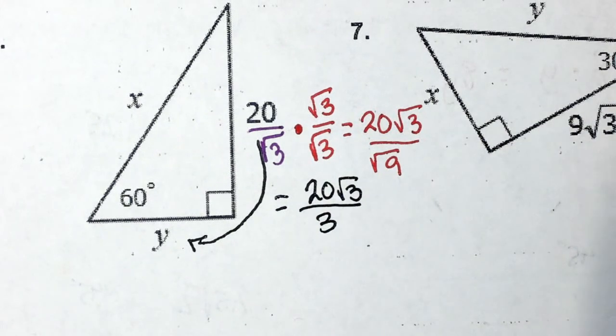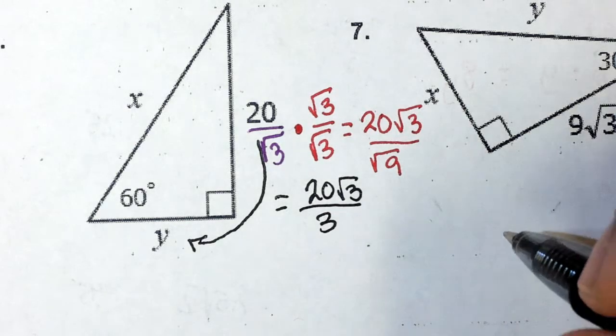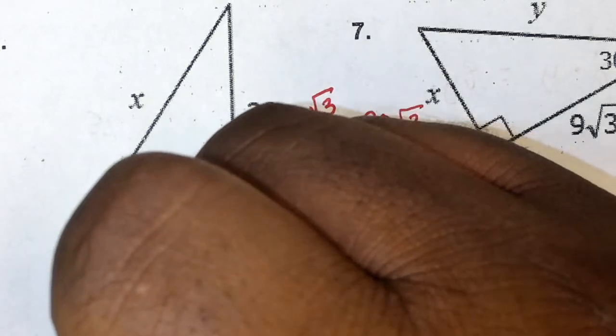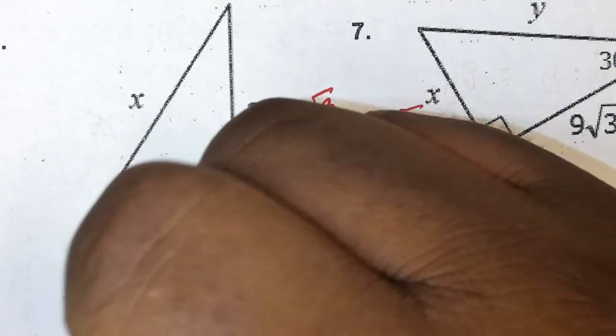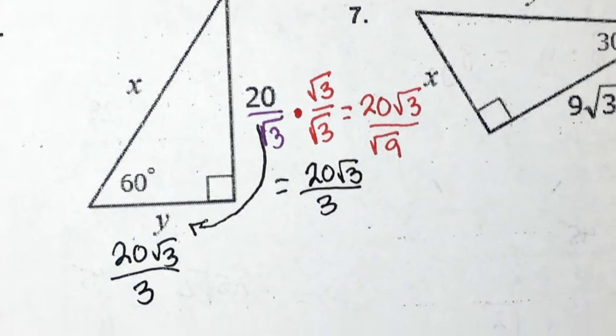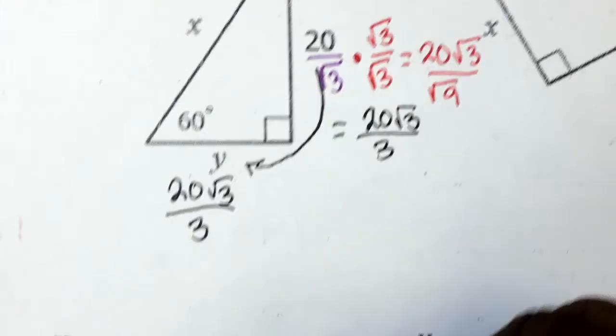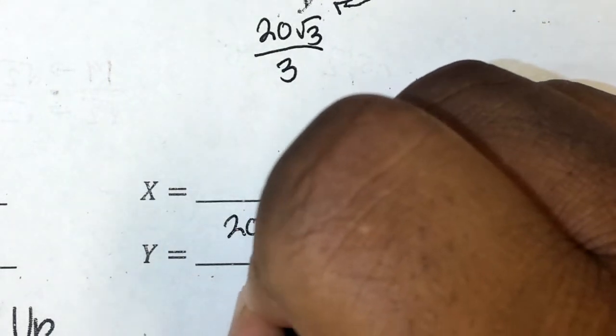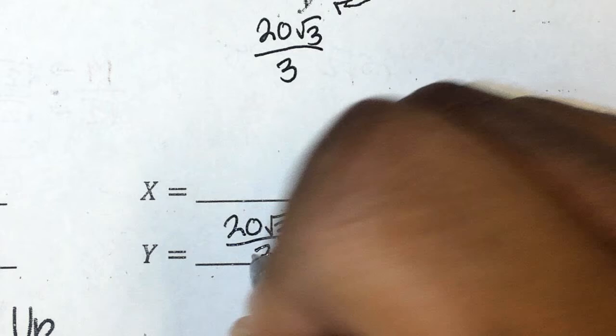Can 3 go into 20? No. So leave that as it is. Alright. So that's going to be my y. So my y is going to be 20 square root 3 over 3. And then I'm going to write that down here. 20 square root 3 over 3.